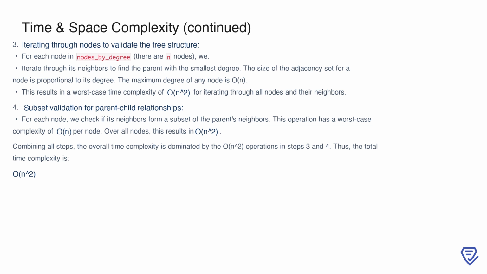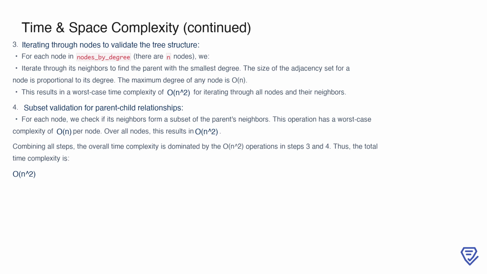First, we iterate through the nodes sorted by degree to validate the tree structure. For each node, we examine its neighbors to determine the parent with the smallest degree. Since the size of the adjacency set corresponds to the node's degree, and the maximum degree in the graph is O(n), iterating through all nodes and their neighbors results in a time complexity of O(n squared) in the worst case.